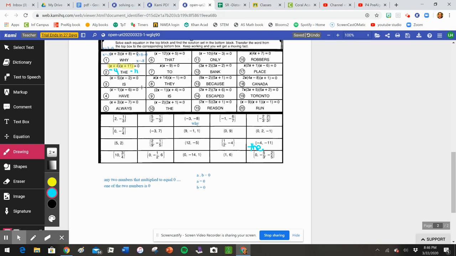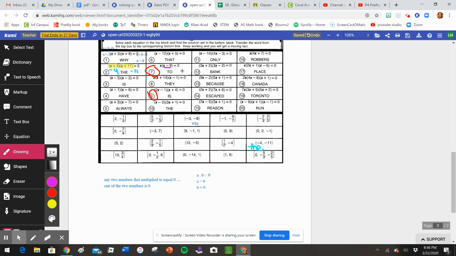There are two that I wanted to look at: number 7, and then number 9. So let's go look at number 7 really quick. When you look at number 7, there's an x on the outside, and then there's a parenthesis.